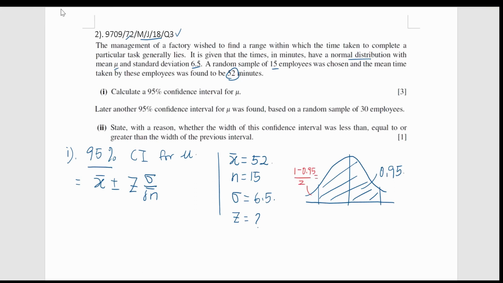What am I getting? 0.025. So this area is 0.95. And the z-score we want is from here all the way to this, right? So we're going to add the smaller region here, 0.025.